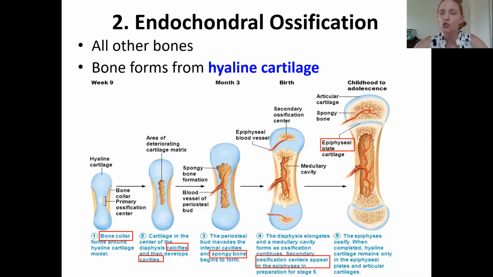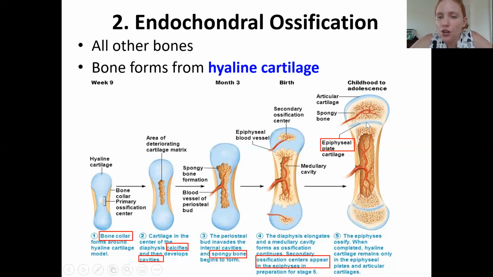So by the time that you go from child all the way to full grown, you're going to have two structures. The first one is the articular cartilage, and the articular cartilage is just a little cap of hyaline cartilage that goes over the top of the epiphysis. This is going to be where joints happen. And articular cartilage remains for the rest of your life. You always have that articular cartilage.